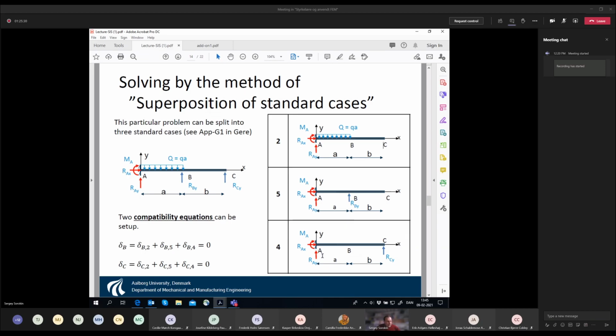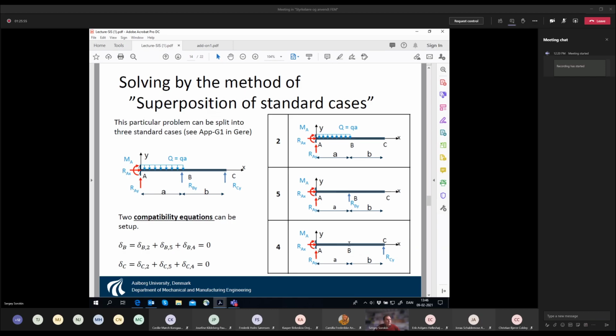And then case 4, we forget about the existence of this Q and this RB, and we look at the deformation of this beam due to the action of this force RC, which of course brings point C up and point B also up.